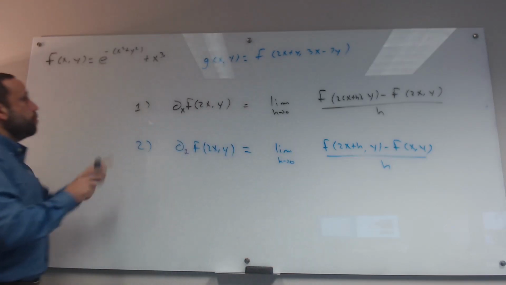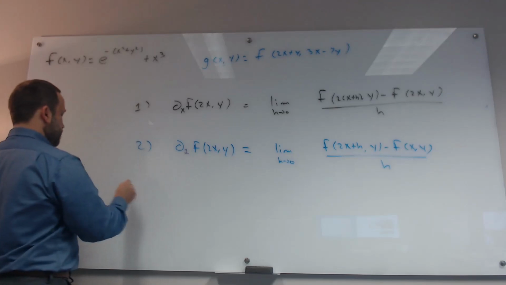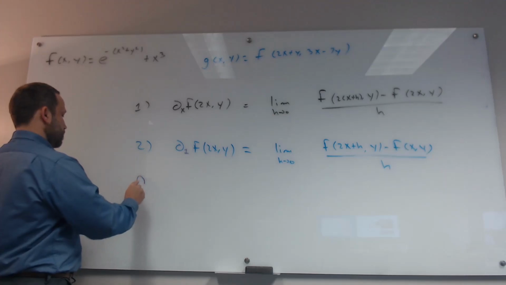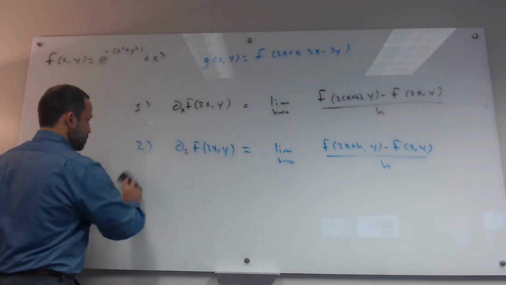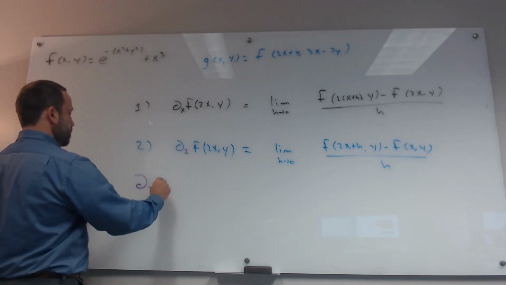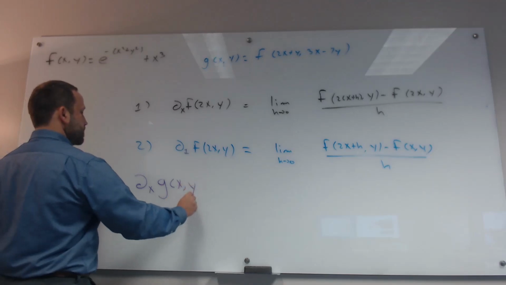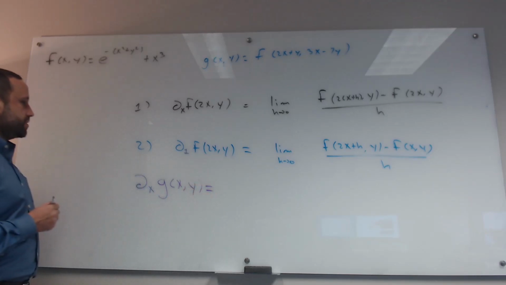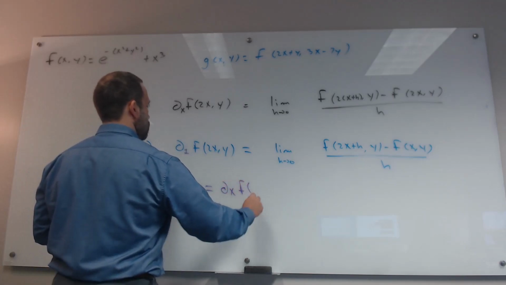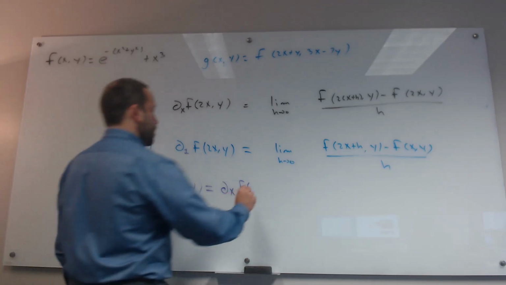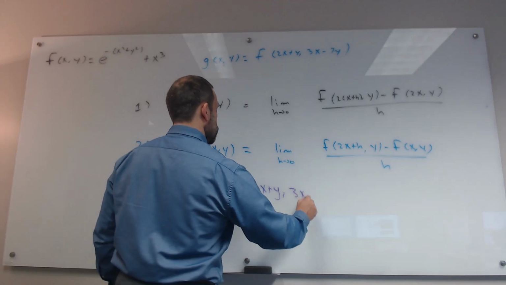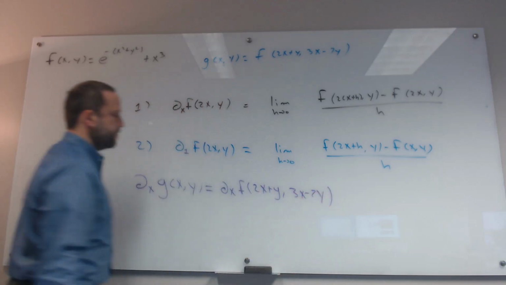So for example, if I want to find the derivative of g with respect to x, well, this is going to be the x derivative of f of (2x plus y, 3x minus 7y).